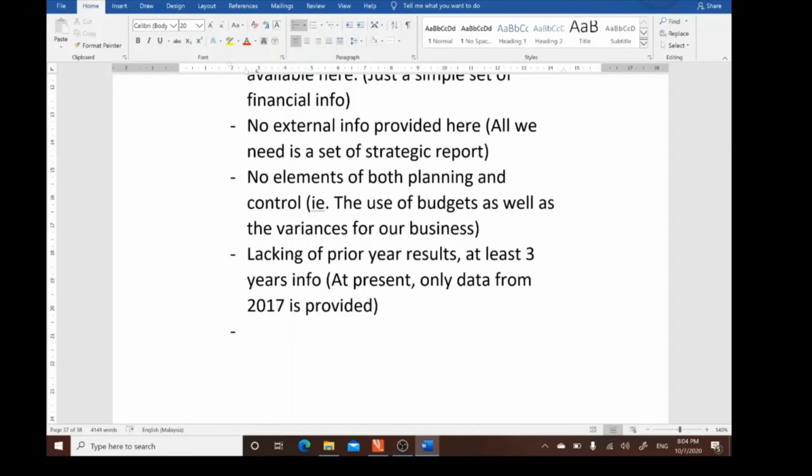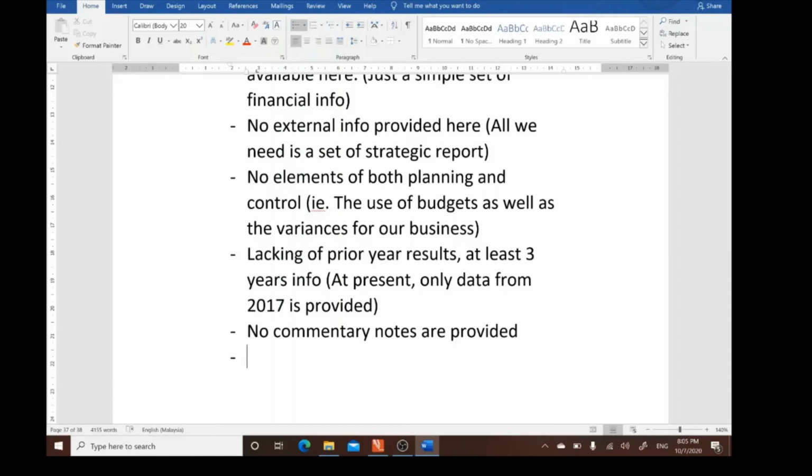Now, is that all? When it comes to the design of the report, that's not the end. We're going to see the next area as well. For example, no commentary notes are provided. This is mainly to support the reference of the board, since they do not get involved in day-to-day operation.